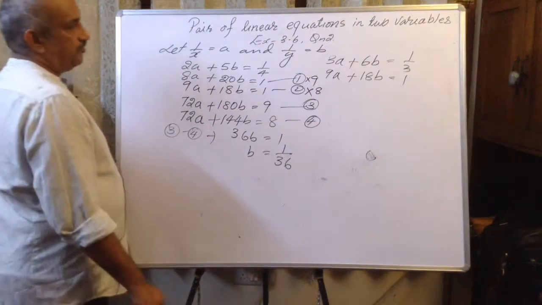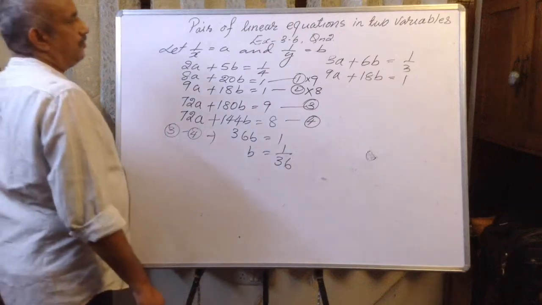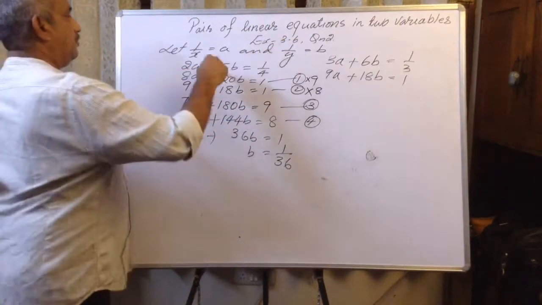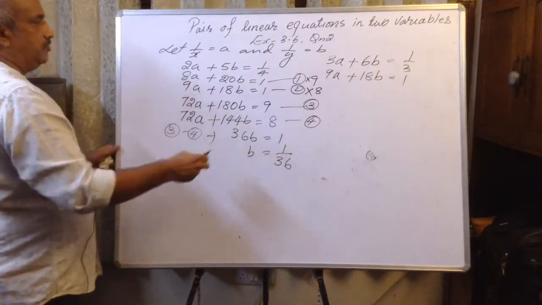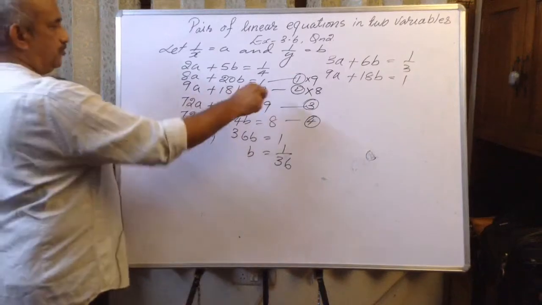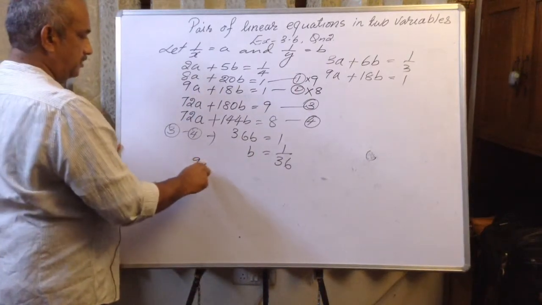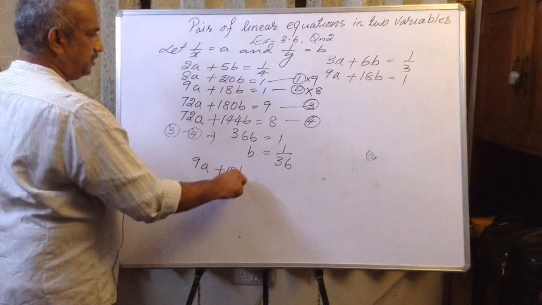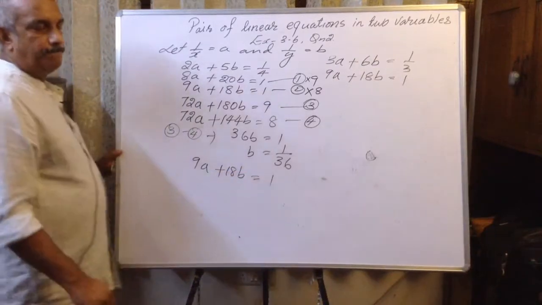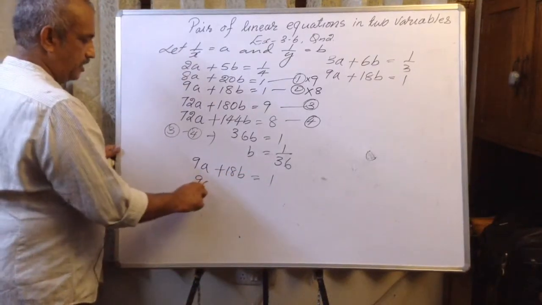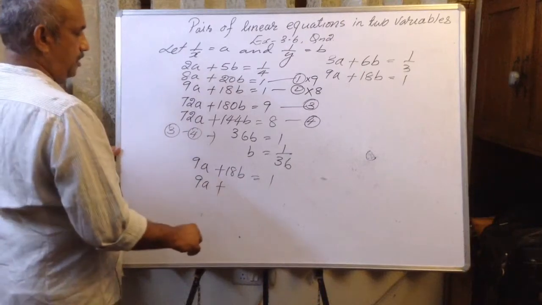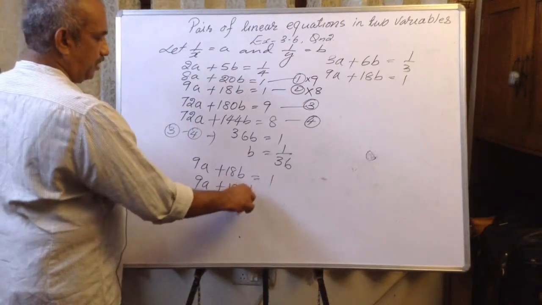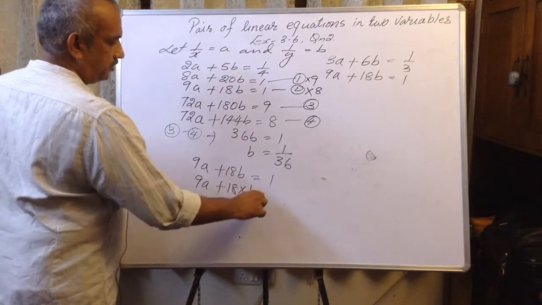Now we got the value of b. Now put in any one of the equations, you will get the value of a. Either that one or this one or any one. Say I am going to put in this one, 9a plus 18b is equal to 1. Then 9a plus 18 into 1 upon 36 is equal to 1.